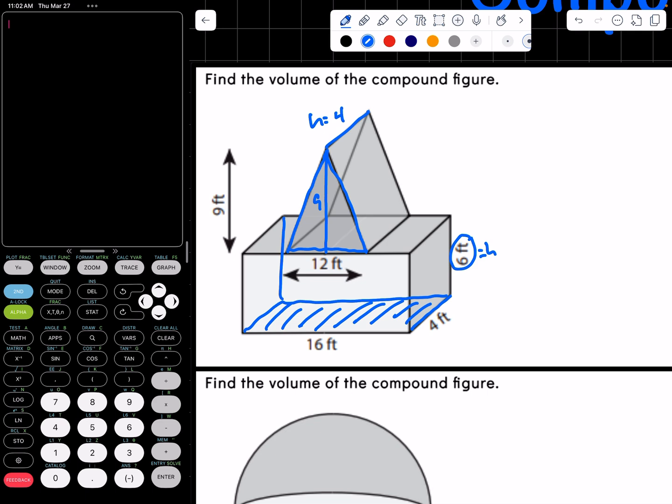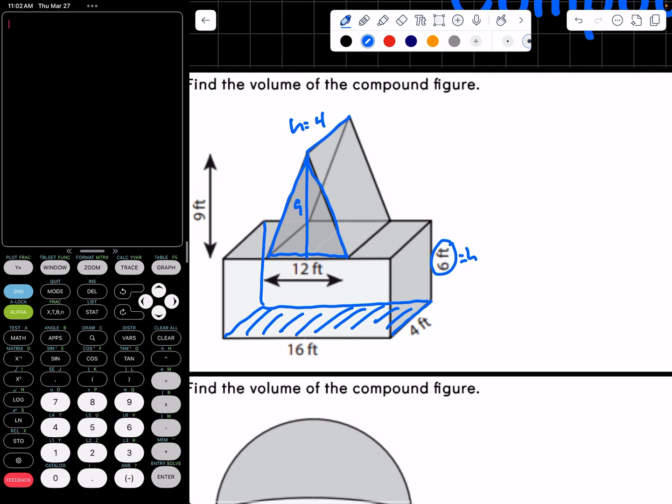So all we're doing here is we're going to take each individual volume and then add them up. So let's start with our triangular prism. Volume of, and I'm going to call it a triangle because we got two prisms. One's a triangle and then one is a rectangle. And so because they're prisms, it's just going to be base times height.